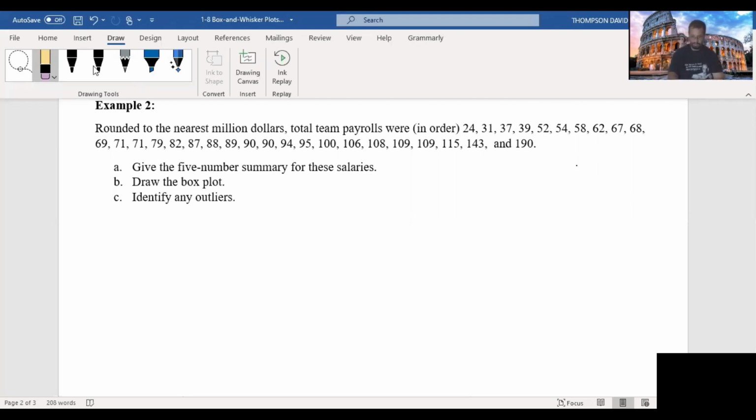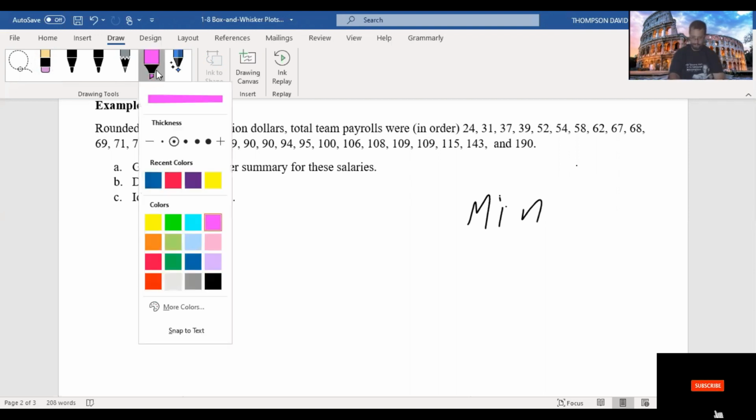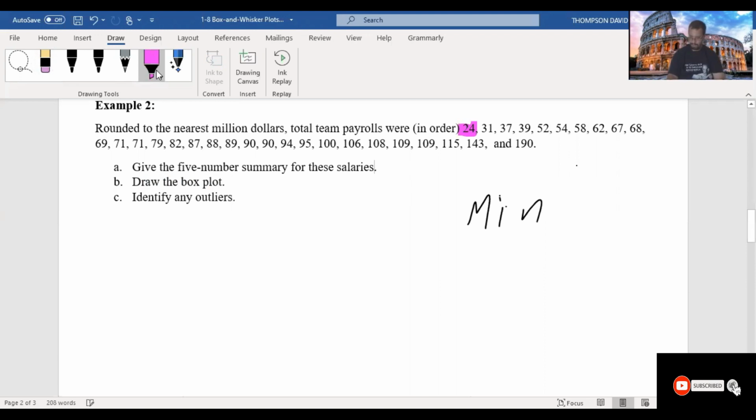Okay, first thing we need is our minimum. We'll do that in pink. Our minimum in this situation is 24. Then remember we have our quartile 1.